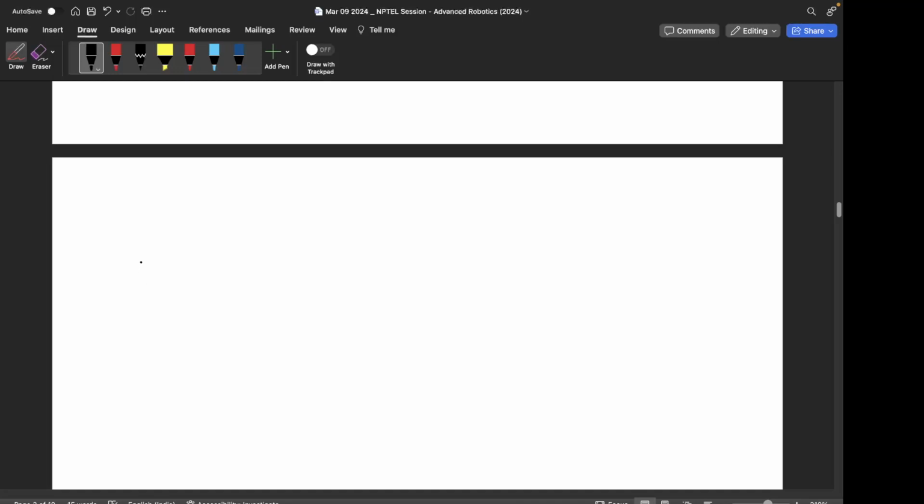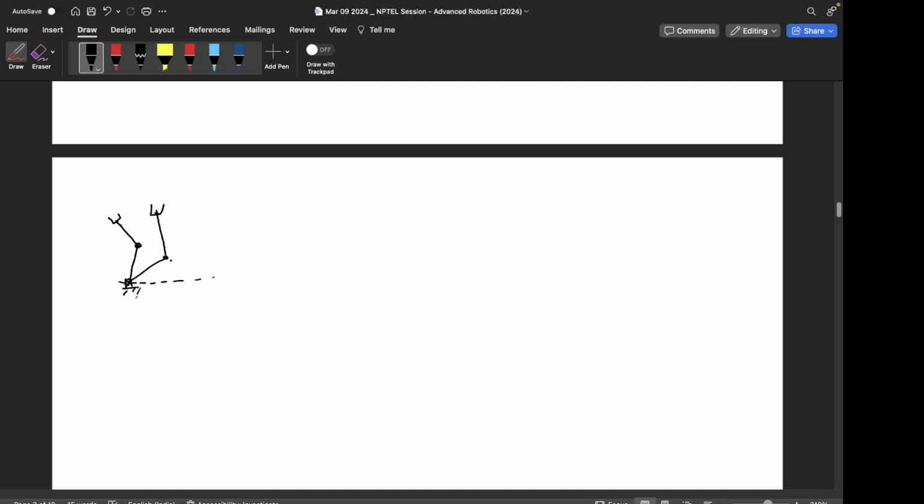Let's take an example in which we have a 2-link manipulator, and let's say we want to move from this position to this position. Let's say you have this setup in front of you. You can feed commands to the motors.